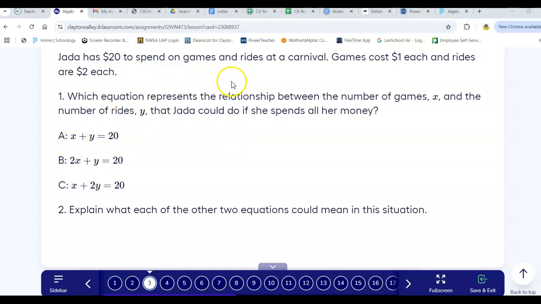And if rides are $2 each, I'm going to be multiplying Y by 2. And oh, look at this. This models my situation quite nicely. Okay, games, $1 each, plus rides at $2 each, and here's my $20, okay?